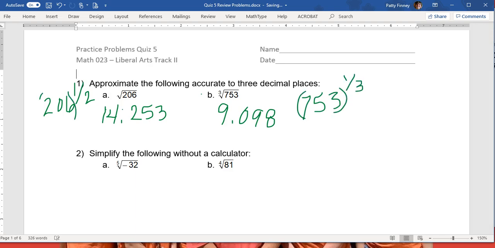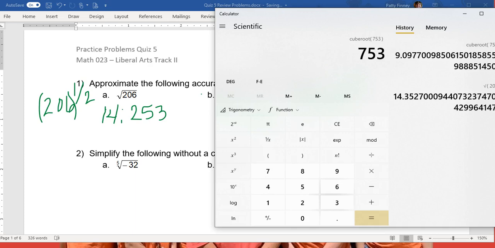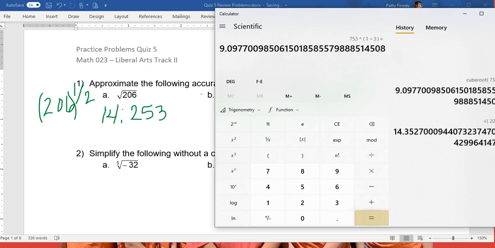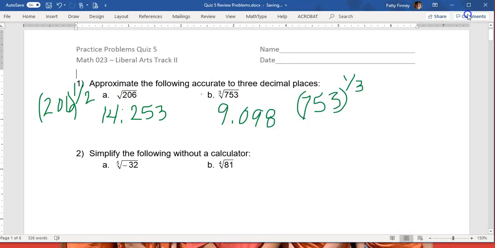So you could type it in the calculator like that: 753, and then do this x to the y key and put 1 divided by 3 and close the parentheses, and you'll still get the same answer. It's just a matter of how you type it in. Just a thought, okay?